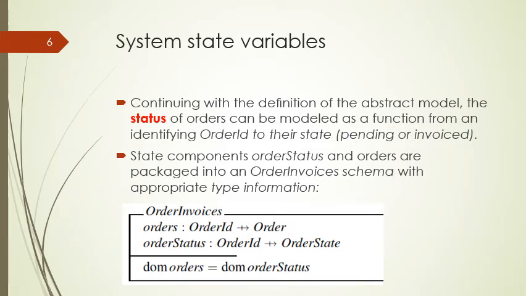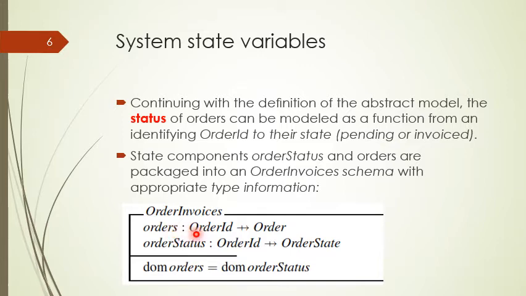Students, in the previous slide we have already introduced a system state variable stock by using schema stock. Now we are going to introduce two more system state variables by using schema order invoices. The first system state variable is orders, and this system state variable is a partial function variable.